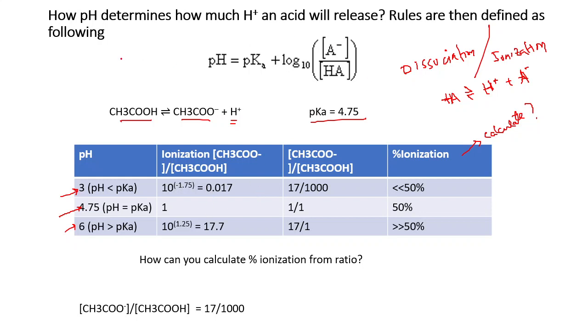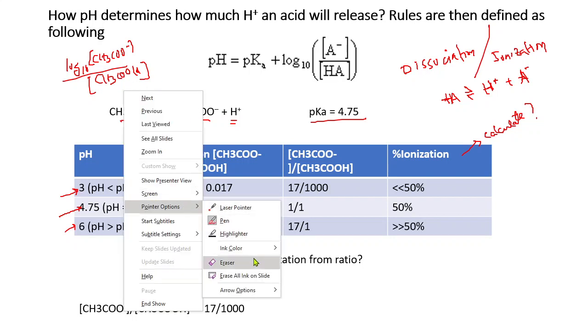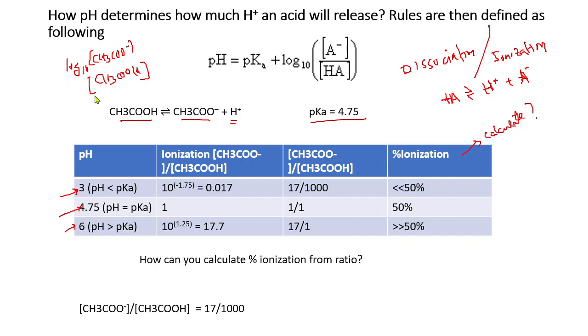If you rearrange this equation, it becomes log 10 of CH3COO minus by CH3COOH. I misrepresented writing this, so let me correct it: the right way is this, with brackets, log base 10 of this. If you put the value of the pH and the pK into this, we get these three numbers.